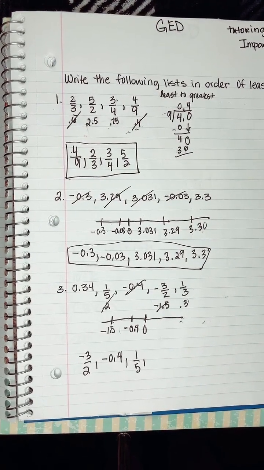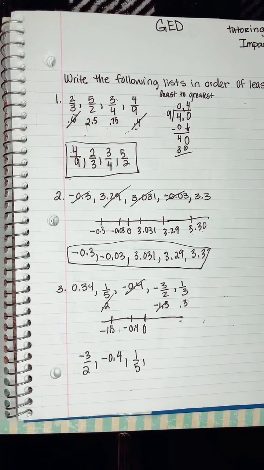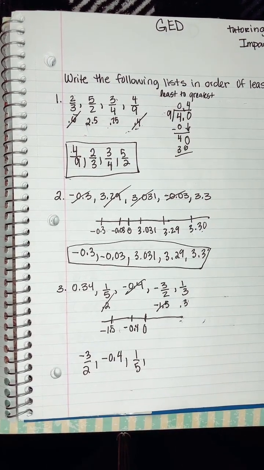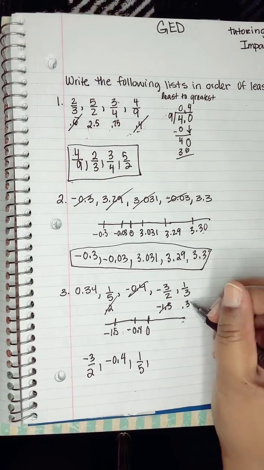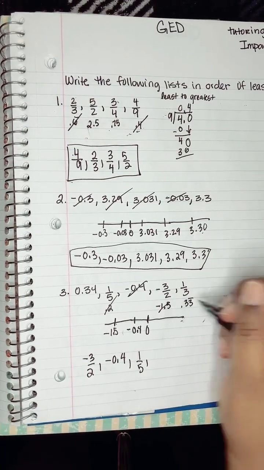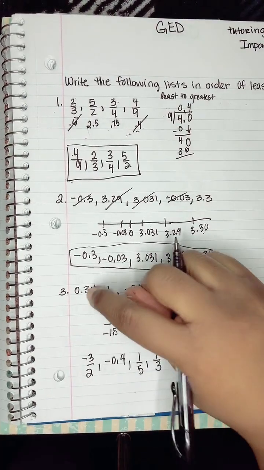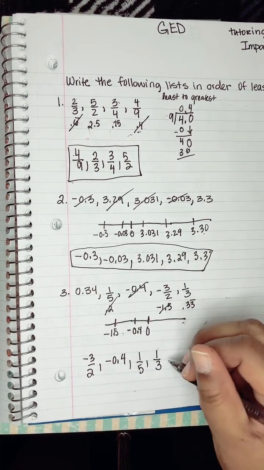Good, good. Carol said 1/3, 0.3. Good. 1/3, 0.3. Beautiful, you guys. You guys got it. Because remember, this is like 0.33333 repeating. So we would have 1/3, and then 34 cents is bigger than 33 cents.